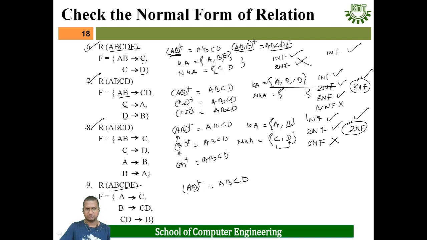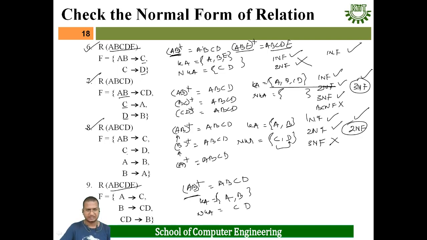Then AC closure will not be a key, and BC closure will not be a key. That means the only key possible is AB here. Then key attributes will be A and B, and non-key attributes will be C, D.